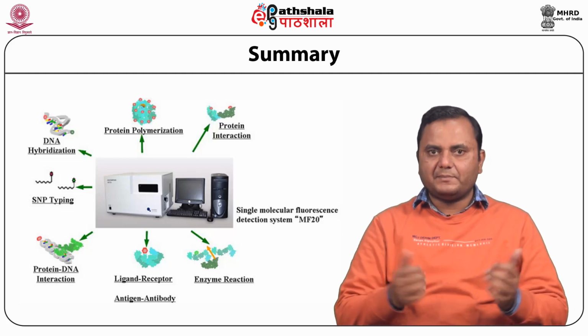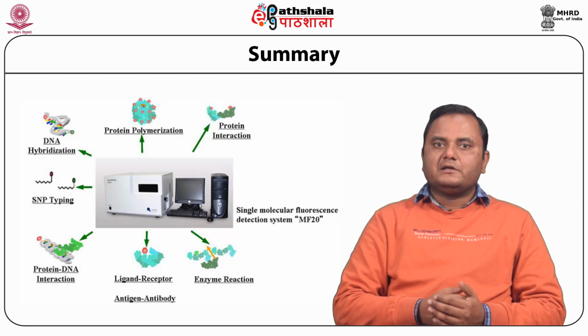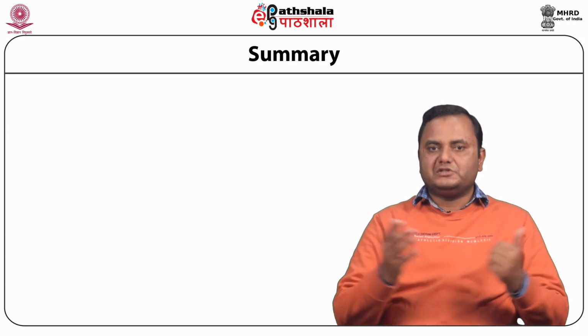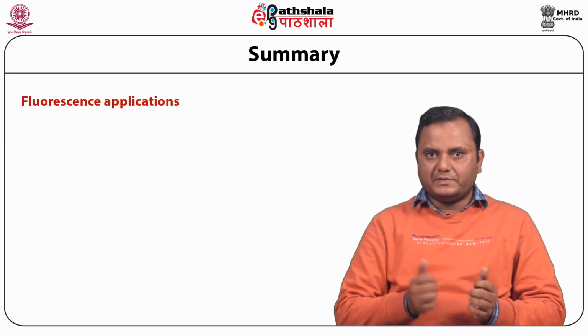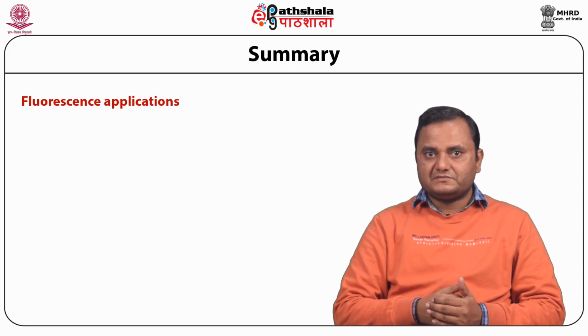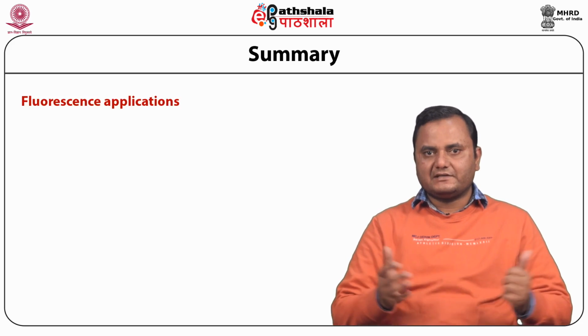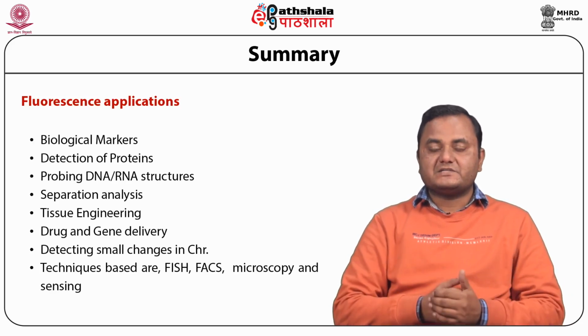So these are the wide applications of fluorescence spectroscopy. It is widely used for biological marker studies, detection of proteins, probing DNA and RNA structure, separation analysis, tissue engineering, drug and gene delivery, and detecting small changes in the chromosome.